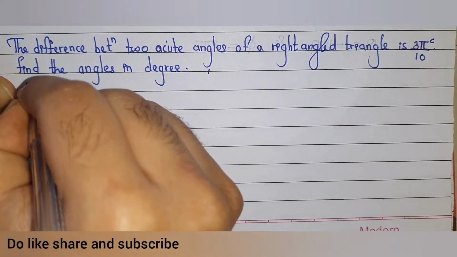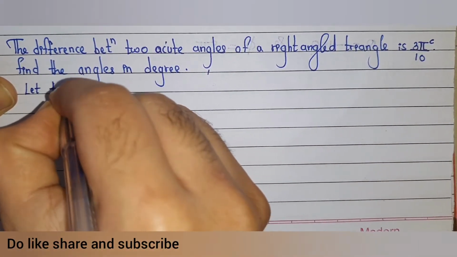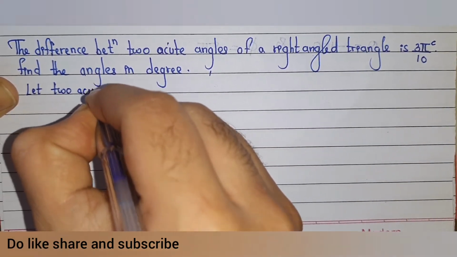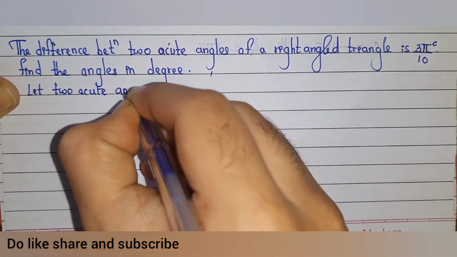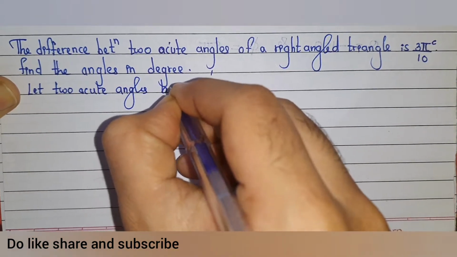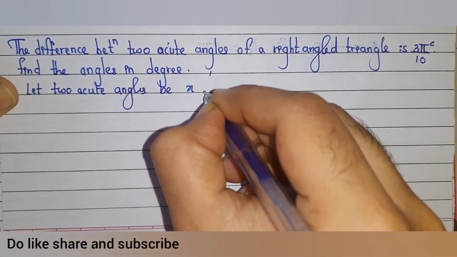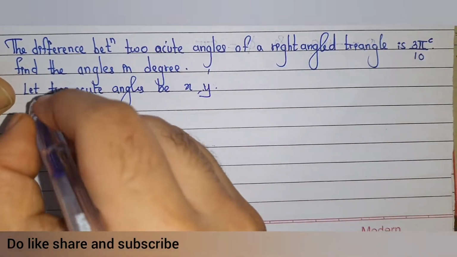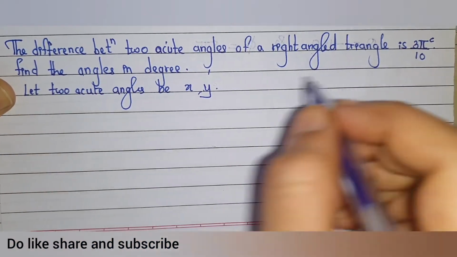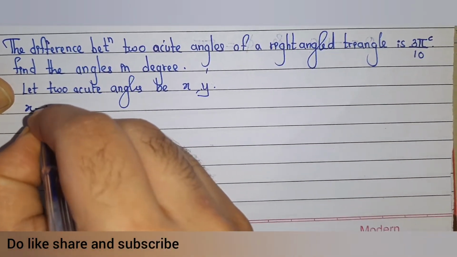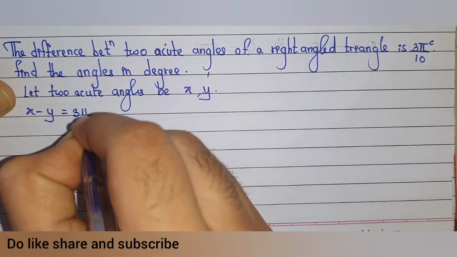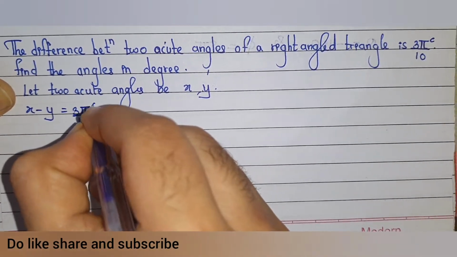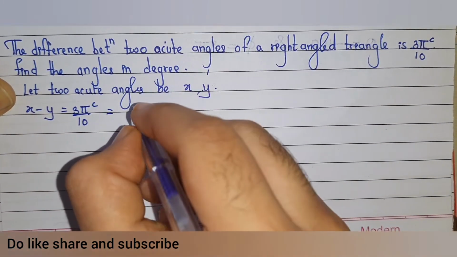Let two acute angles be x, y. So here they have given x minus y is equal to 3 pi by 10 radian. So we have to convert this into degrees.